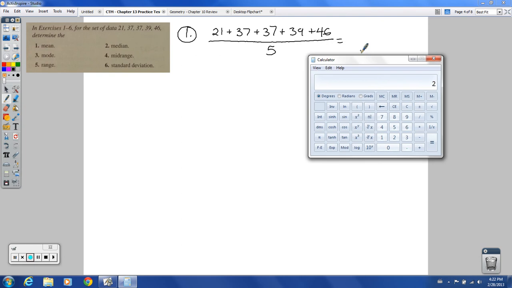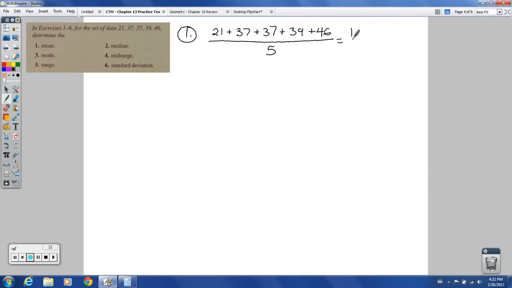So 21 plus 37 plus 37 plus 39 plus 46 equals 180, and 180 divided by 5 is 36. My final answer should be 36 for number 1. We are good to go there.